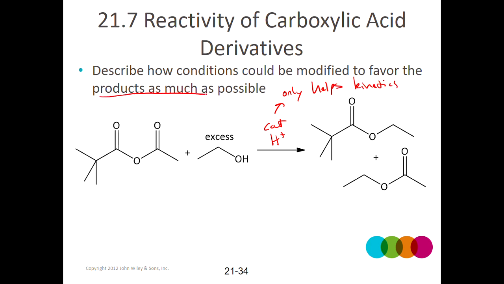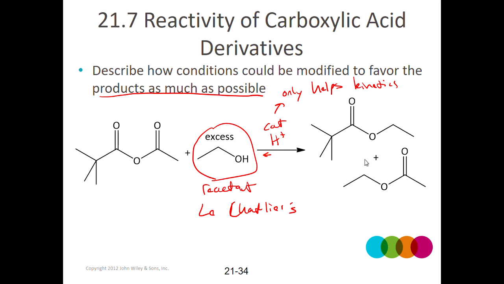Can we help the thermodynamics by making the equilibrium favor one side or the other? And the answer there is also yes, because we're using an excess of reactant. Using an excess of reactant by Le Chatelier's principle helps to shift the equilibrium more toward the product side.